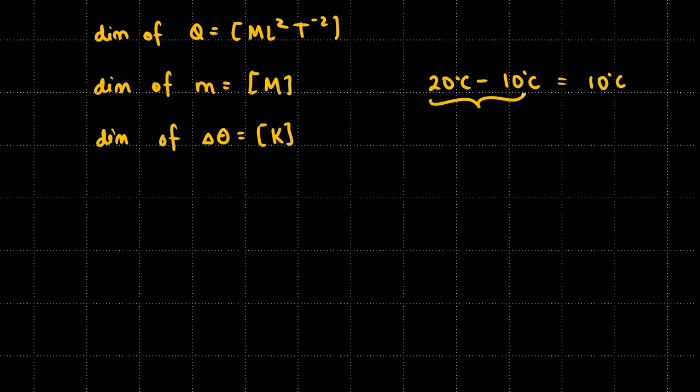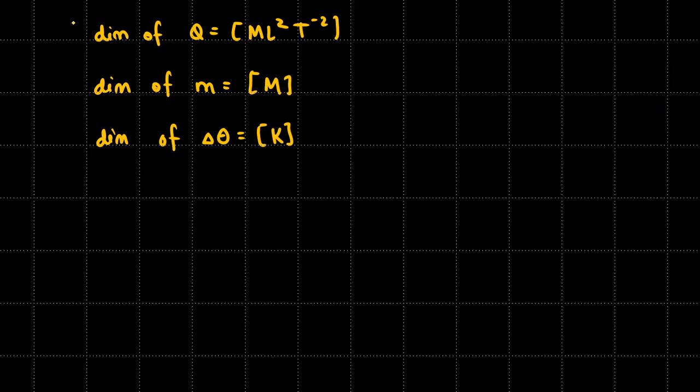Even though this is a change, there is still a unit of temperature. That's why the dimension of delta theta is Kelvin, since Kelvin represents temperature.